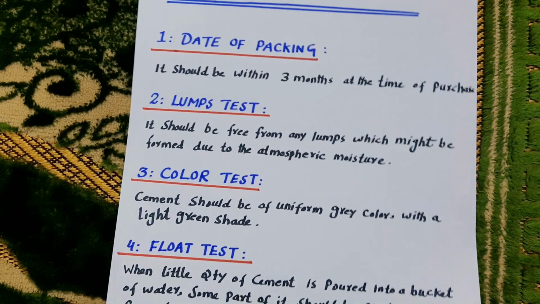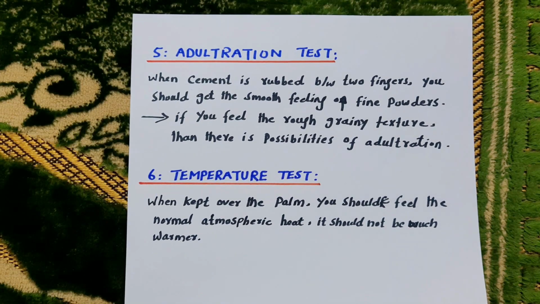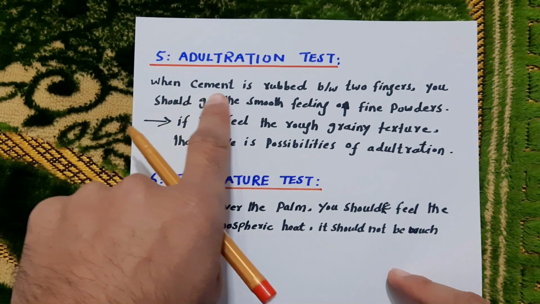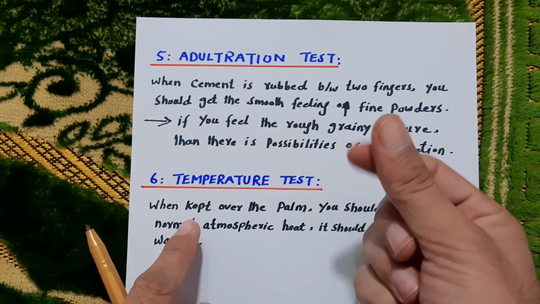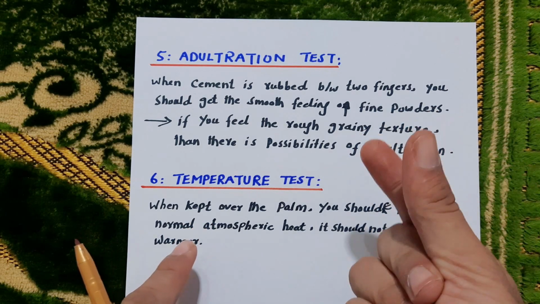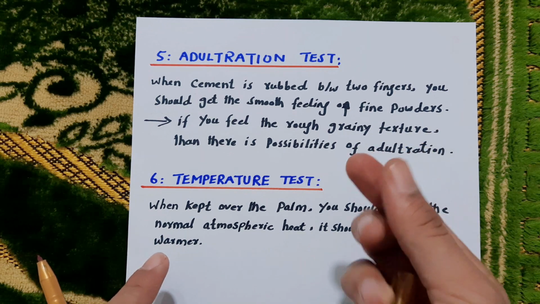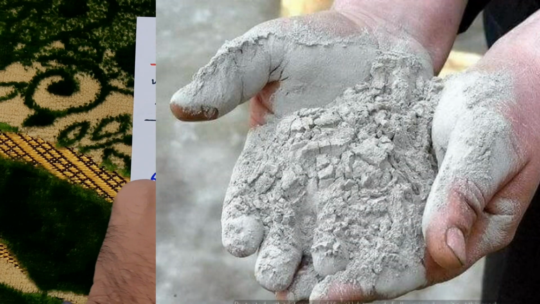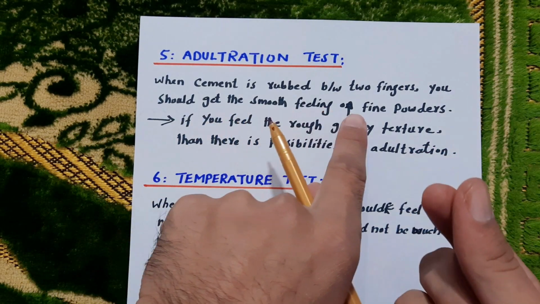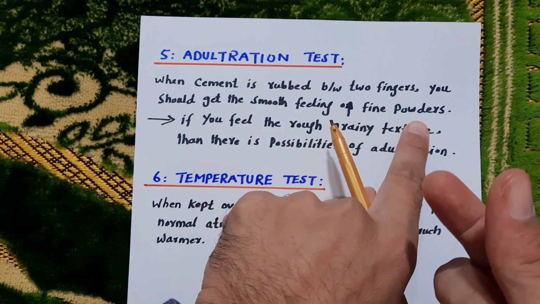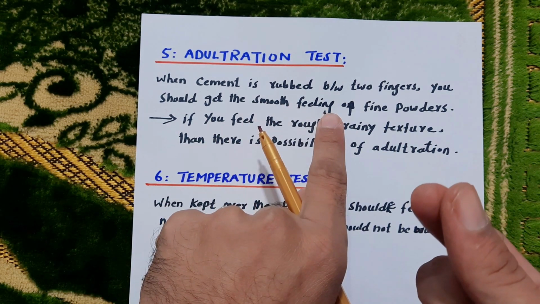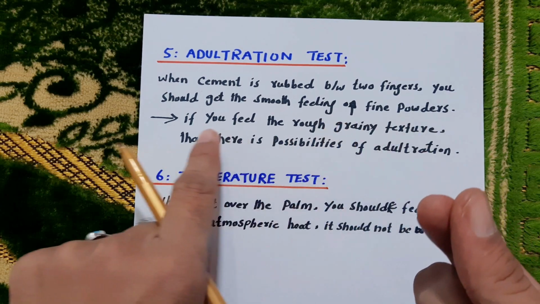The other one is adulteration test. How to do the adulteration test? When you take a little quantity of cement and rub it between two fingers, you should get a smooth feeling of fine powder.